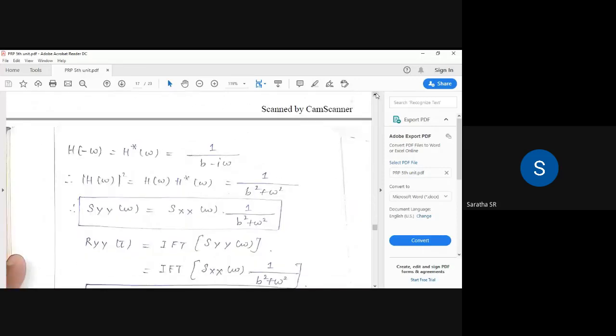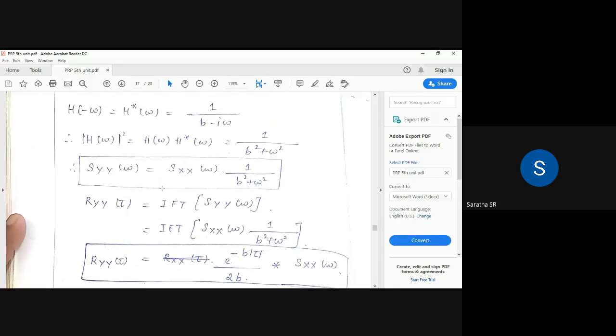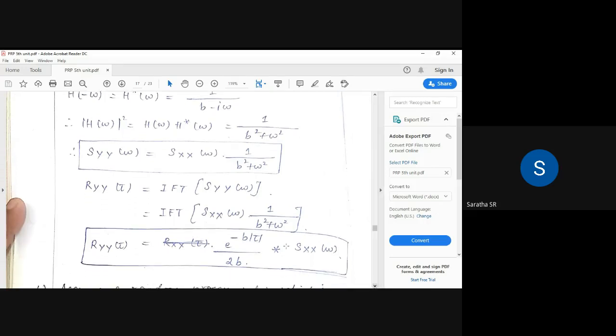I couldn't catch your doubt, ma, that's why I'm asking. In this problem only you have a doubt. The convolution theorem, that's why I said.